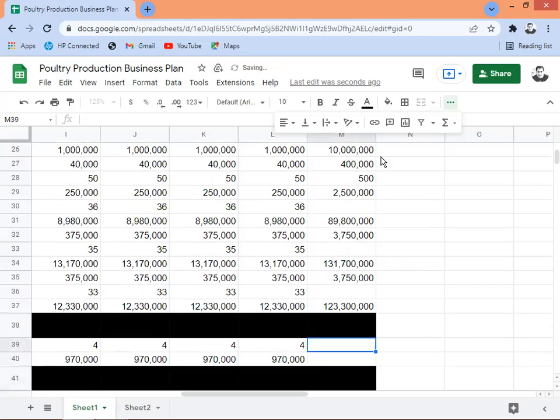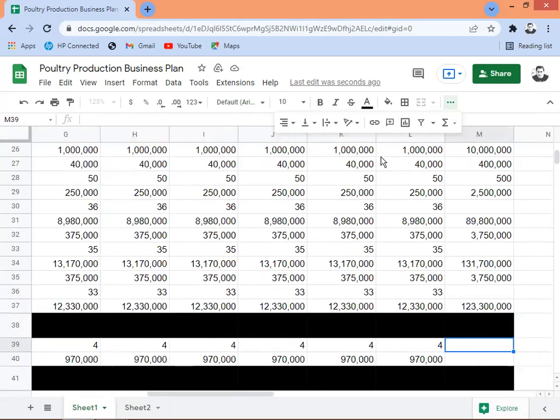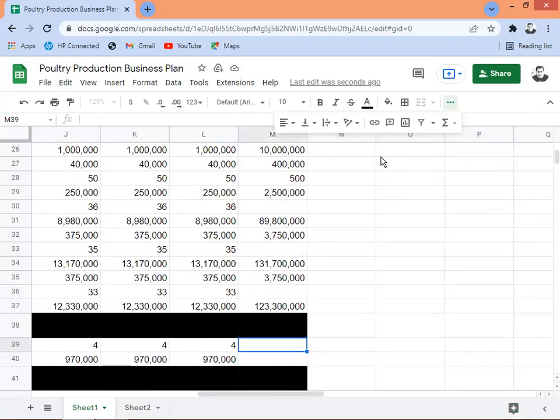And this is the amount that we're paying for the contract grower fee per bird. No need to sum that.